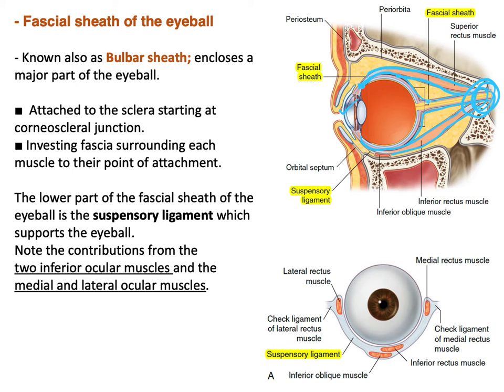What's the function of this sheath covering the optic nerve and eye, for example, and muscles? Indeed, it separates the eye relatively from the surrounding fat and the structures there and gives it the freedom to move with little friction, right?